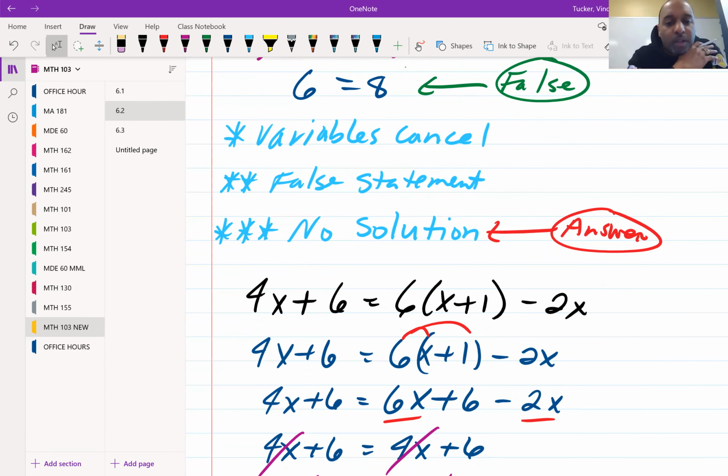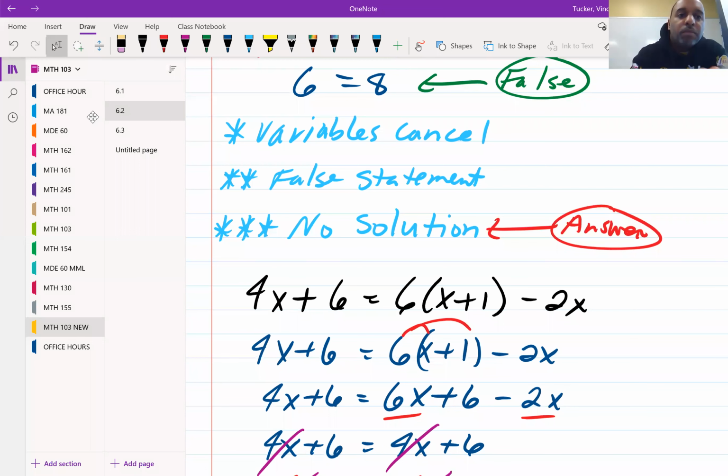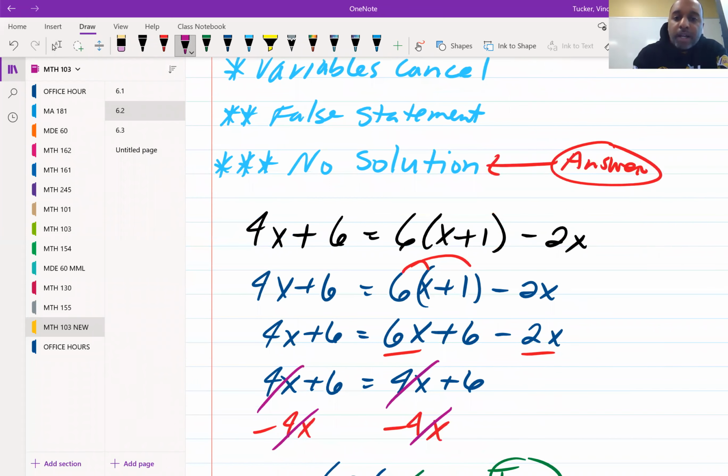All right. Last one out of this section, we have 4x plus 6 equals 6 times x plus 1 minus 2x. So distribute 6. That'll be on the right, 6x plus 6 minus 2x. Combine your like terms.